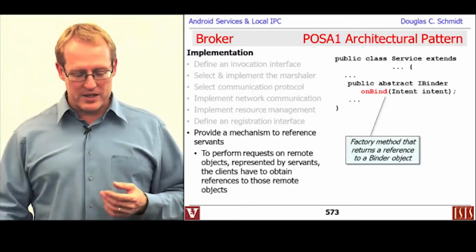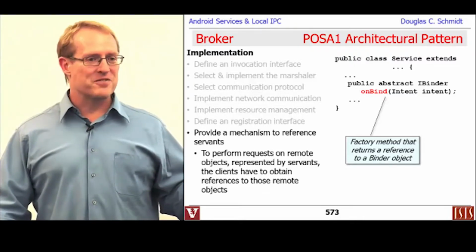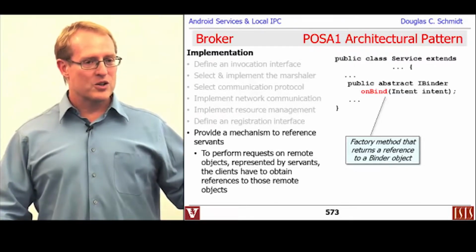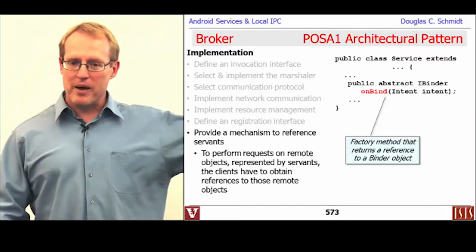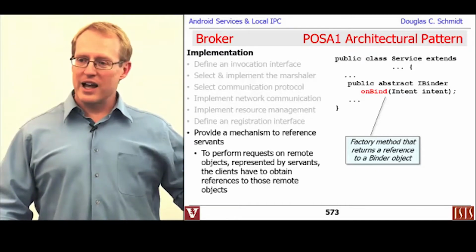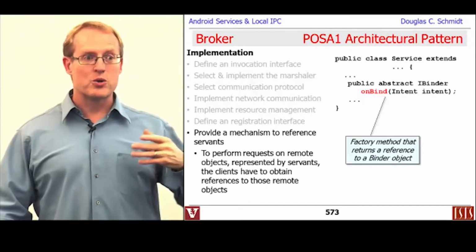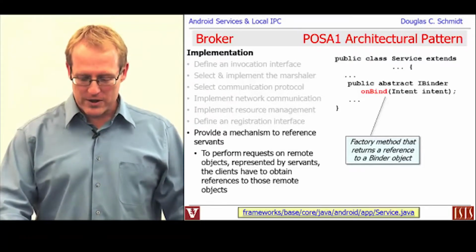One part is the onBind factory method that's defined by the server who implements the binder object, and that is responsible for giving back to the caller, which is ultimately going to be the client, a reference, an IBinder to the binder. So IBinder is an interface to a binder, and you can use it to invoke operations.